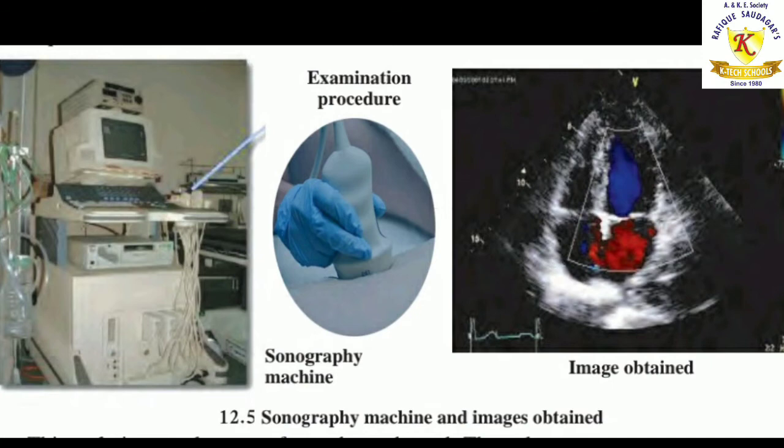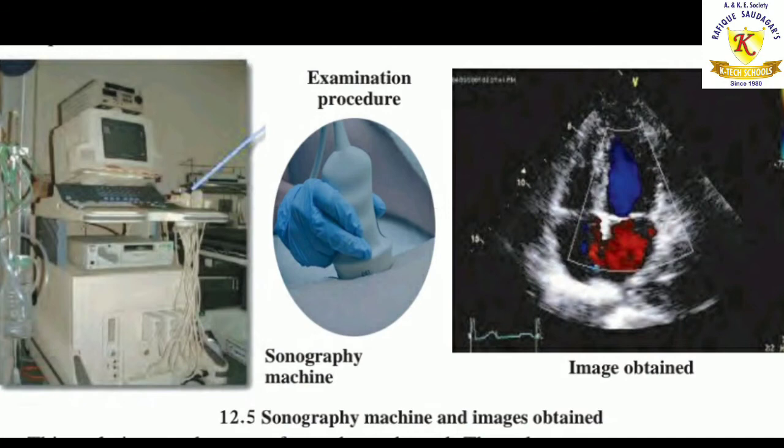High frequency ultrasound is transmitted inside the body with the help of the probe. The sound reflected from the internal organ is again collected by the probe and fed to a computer which generates the image of the internal organ.